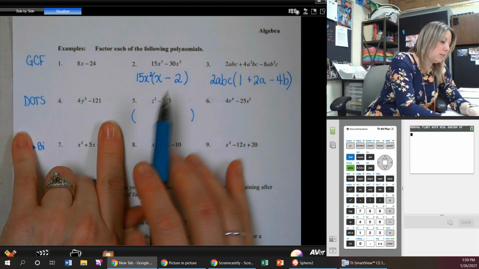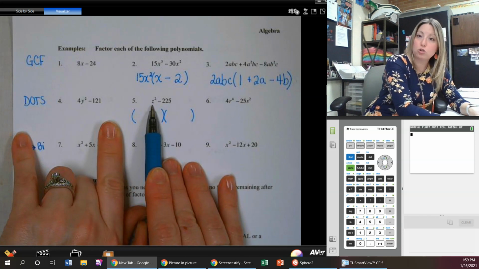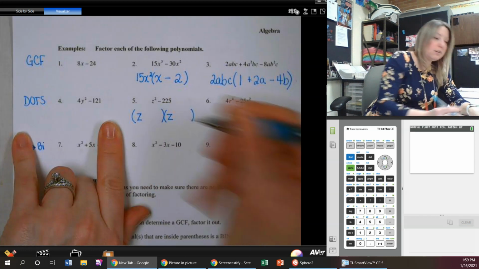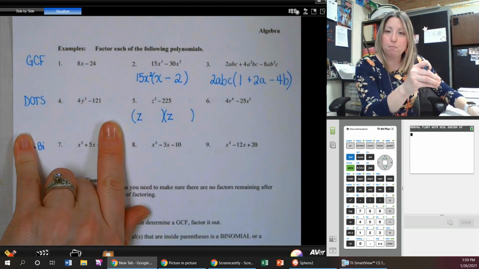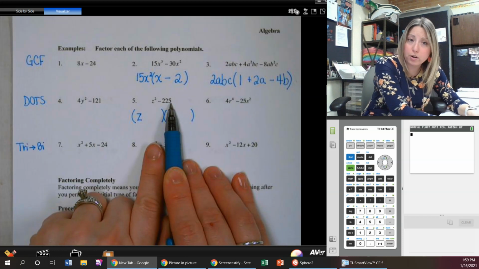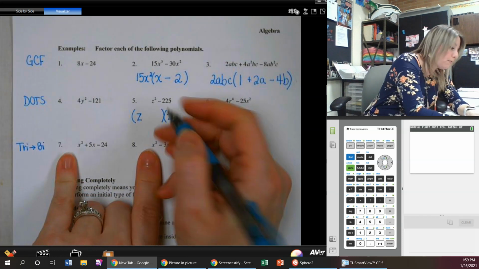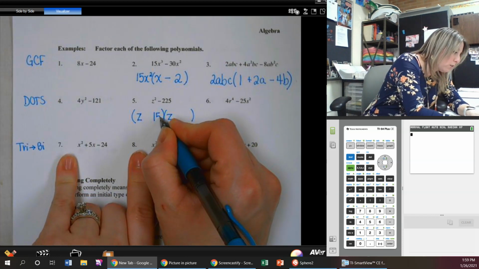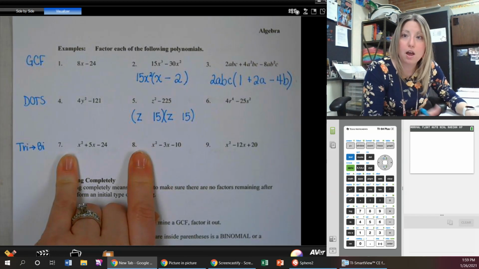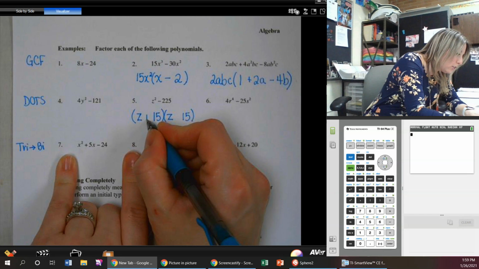Take the square root of the front term, the square root of z squared is z. That square root goes in the fronts of each binomial. Go to the back term, take the square root of 225, which is 15. That square root goes in the backs of each set of parentheses, and then put different signs between them.